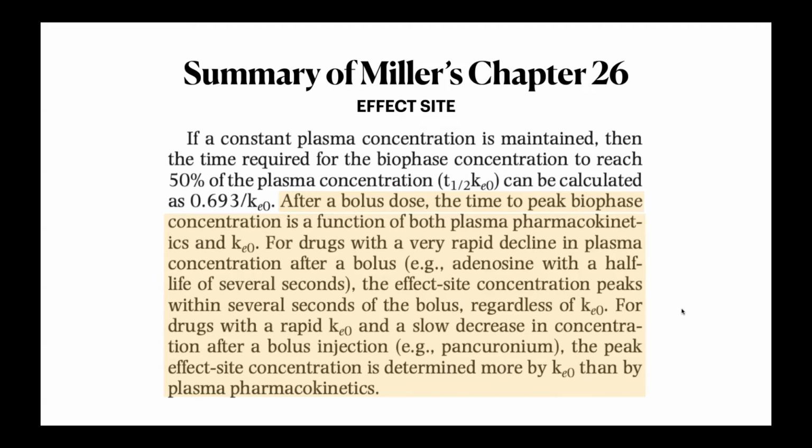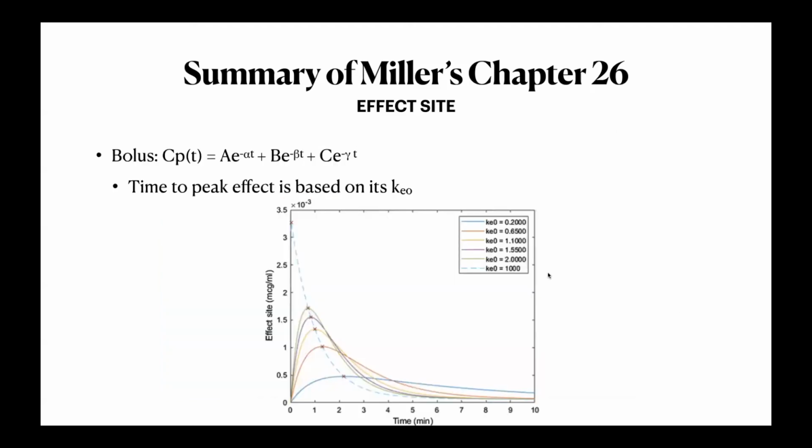I'm going to show you some examples. So this is the diagram that I've always referred to. So you have a bolus dose with an exponential decay function, and you've got different KOs. So with a large KO, you've got a faster time to equilibration. And then with a smaller KO, you've got a longer time to equilibration.